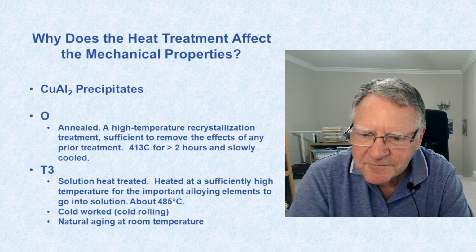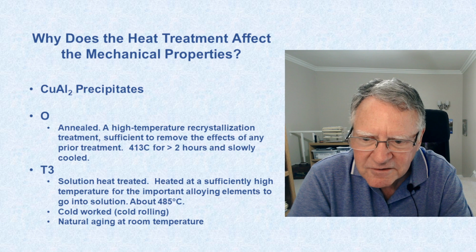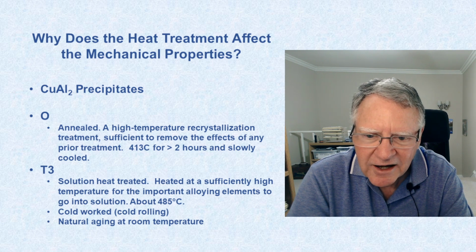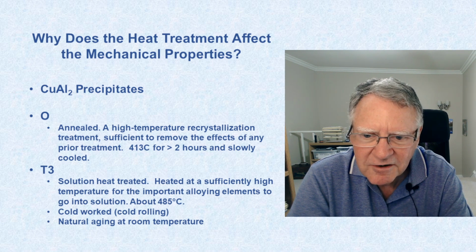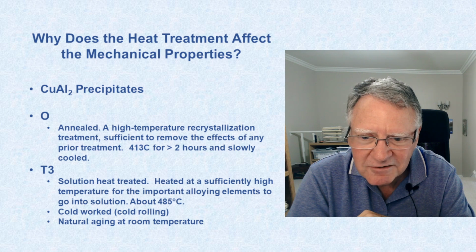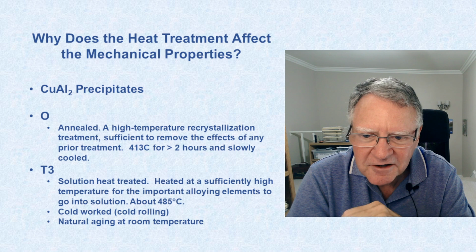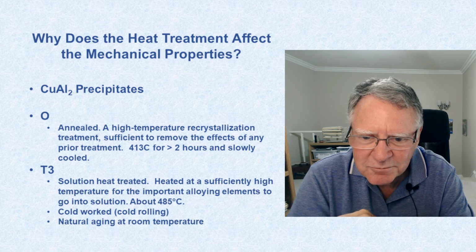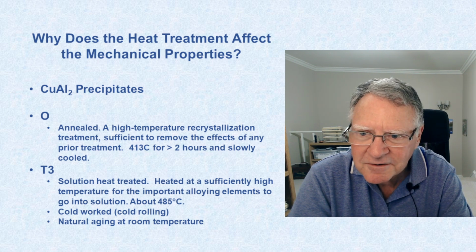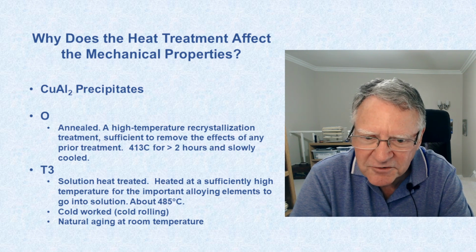And then you do the aging step. In the aging step, the copper can move around a little bit, and it joins up with some nearby copper atoms and forms a small particulate of copper aluminide, CuAl2.